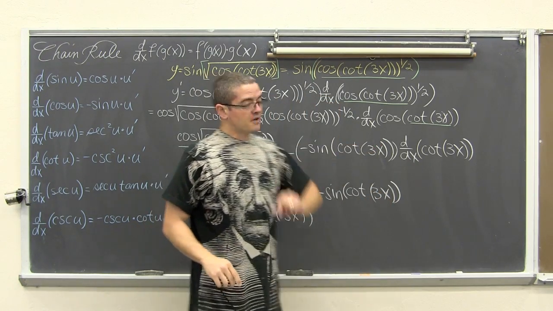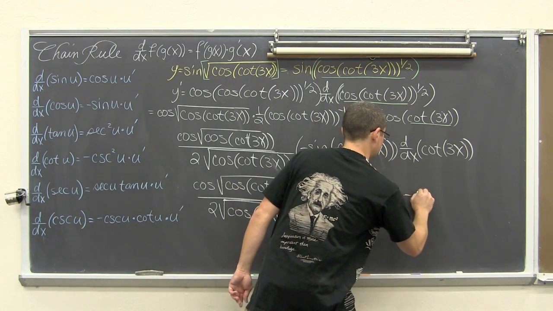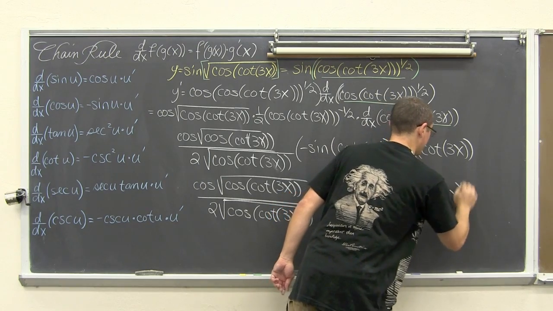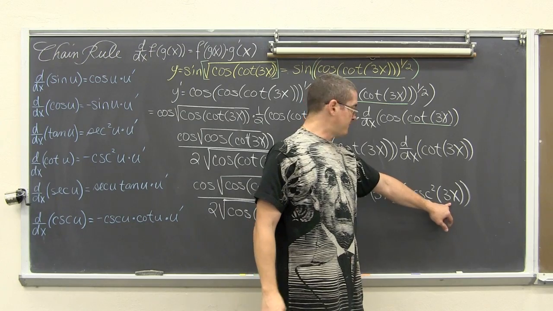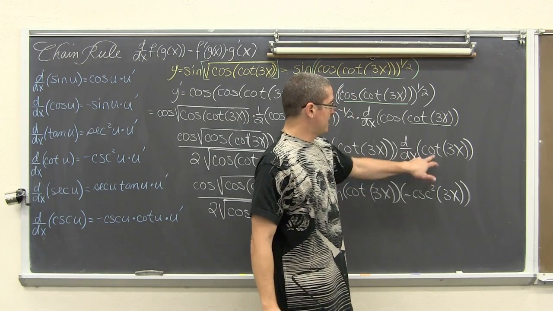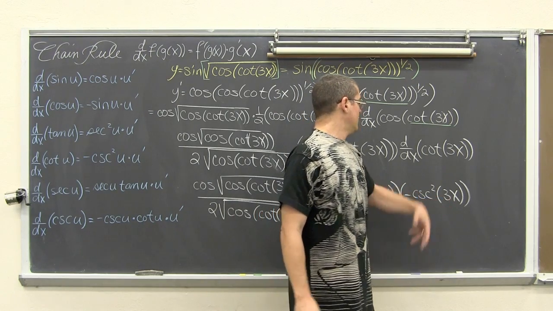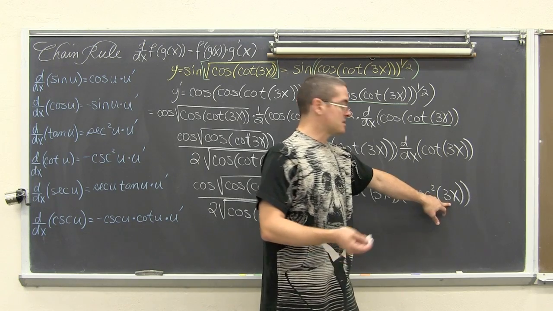The derivative of cotangent is negative cosecant squared of 3x. Now this time I'm not going to do the work again, but this is yet again another inside function. So the derivative of cotangent is negative cosecant squared of 3x, but that is another inside function, and the derivative of 3x is equal to 3.